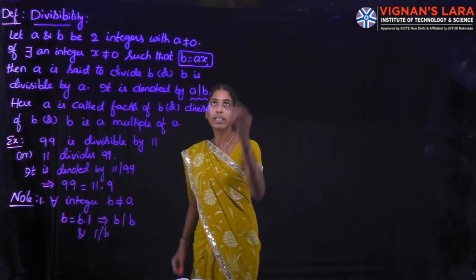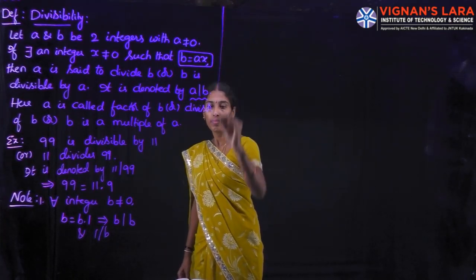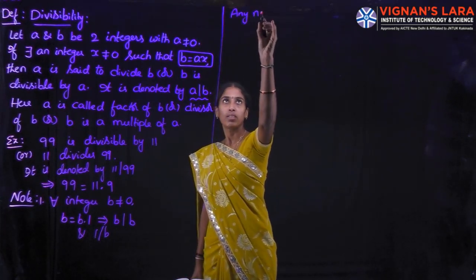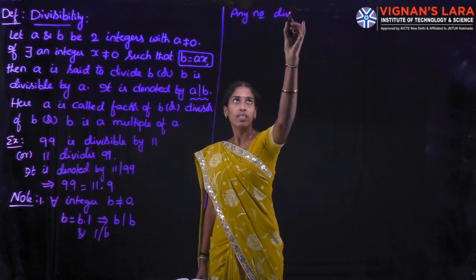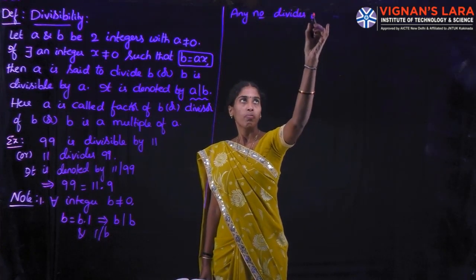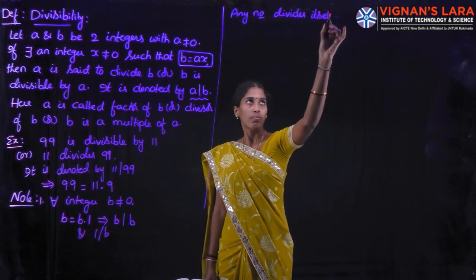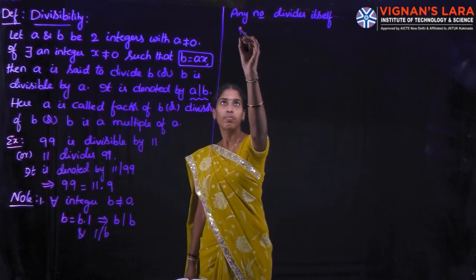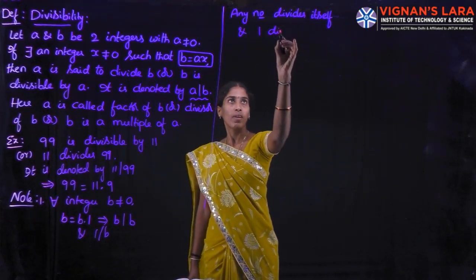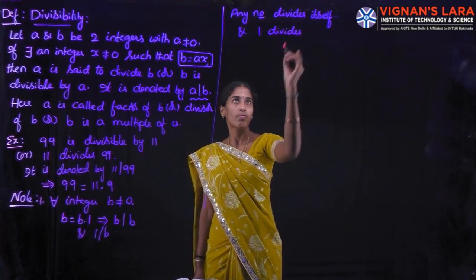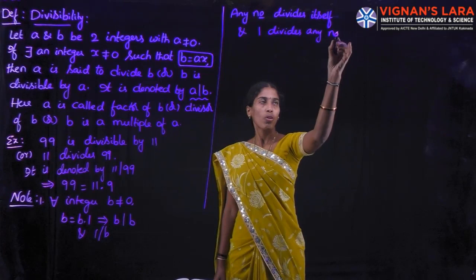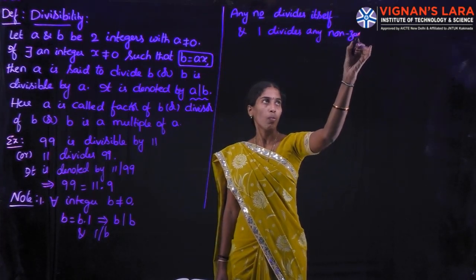So we can write here: any number divides itself and 1 divides any non-zero number. This is a very important thing.